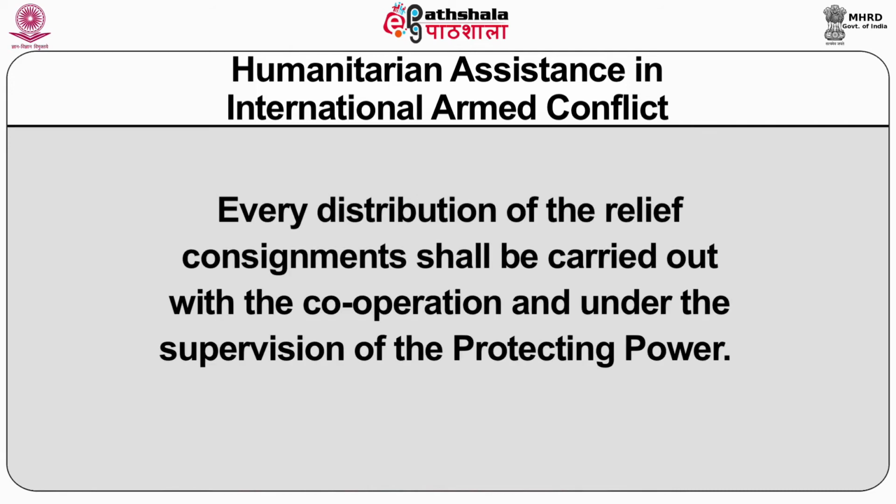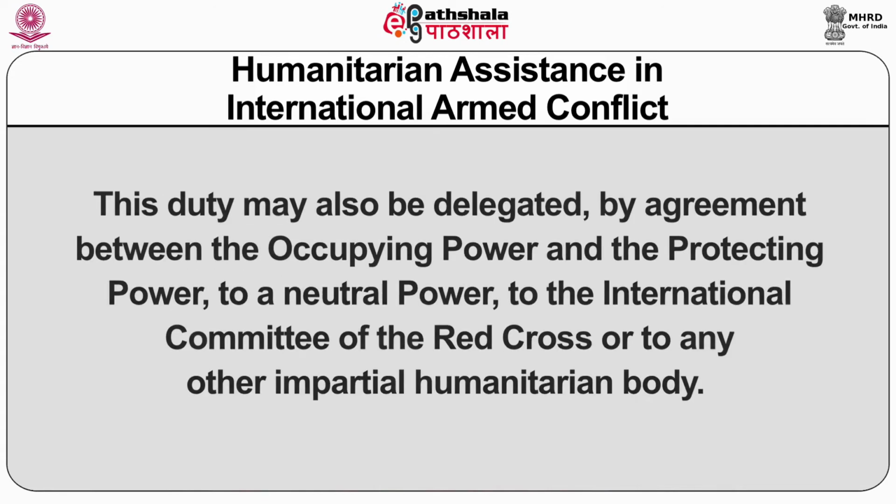Every distribution of the relief consignments shall be carried out with the cooperation and under the supervision of the protecting power. This duty may also be delegated by agreement between the occupying power and the protecting power to a neutral power, to the International Committee of the Red Cross, or to any other impartial humanitarian body.